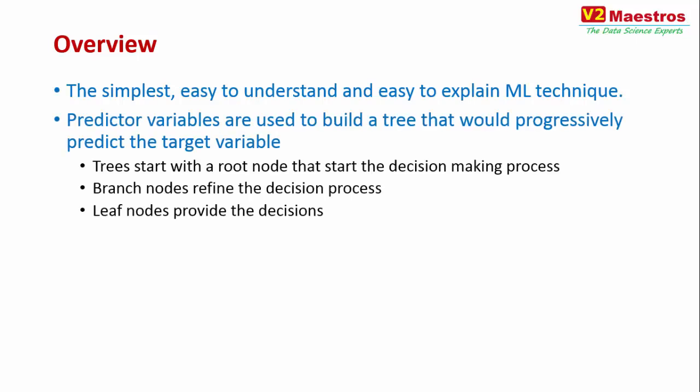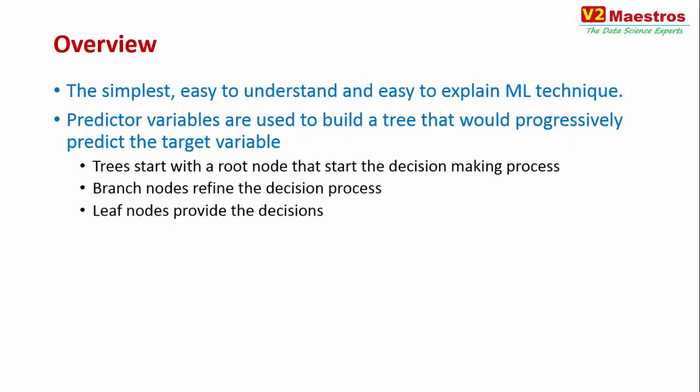So what happens in a decision tree is that again you have predictor variables and you have target variables. You use the predictor variables to build a decision tree. A decision tree is built where you keep checking the values of the predictor variables, and depending on those values, you start making decisions. Based on that, you keep progressively making decisions until you reach the leaf node where you are actually predicting or classifying some data.